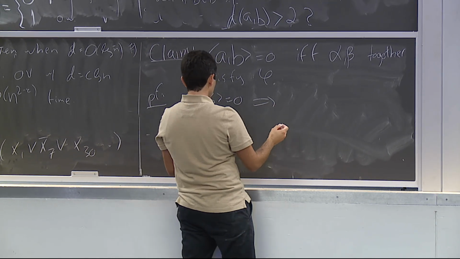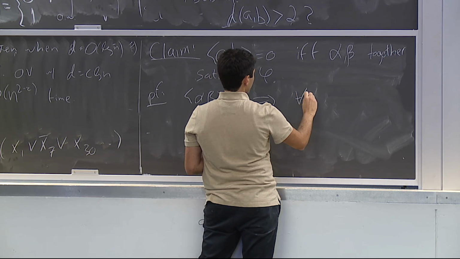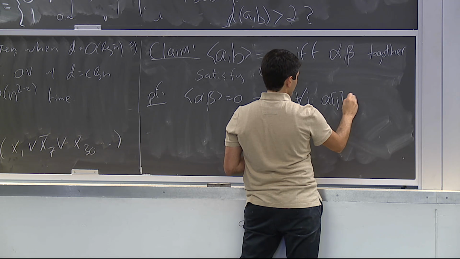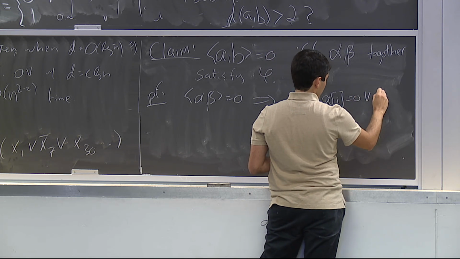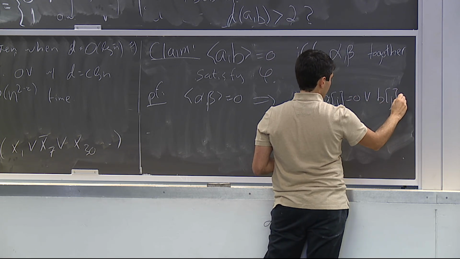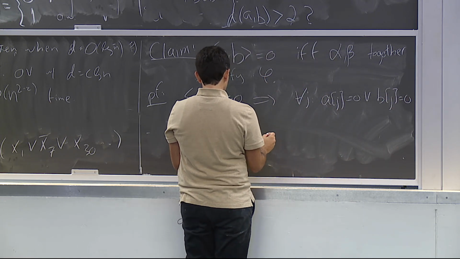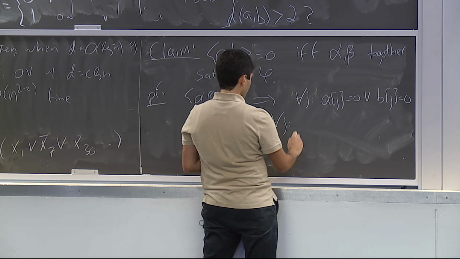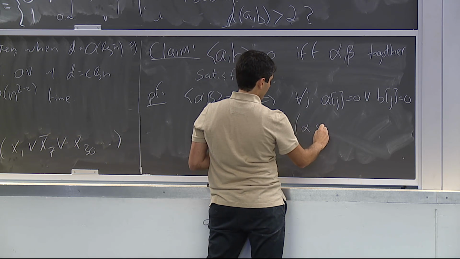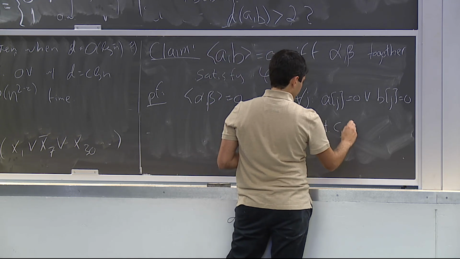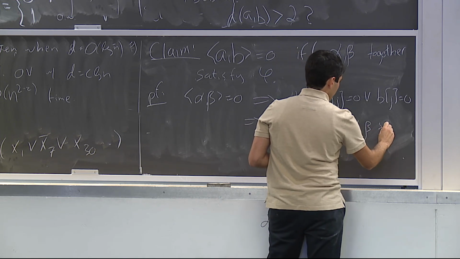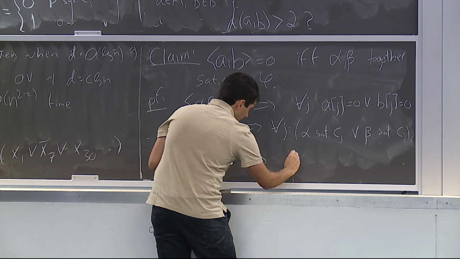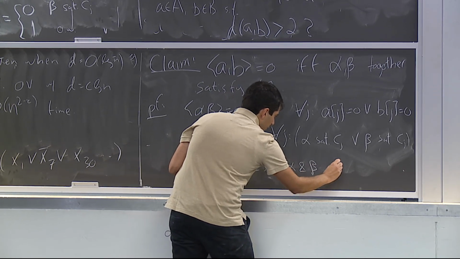So if they're orthogonal, then for every j, the first is 0 or the second is 0, which means that for every j, either the alpha satisfies the clause or beta satisfies the clause. Which means that alpha and beta satisfy everything.